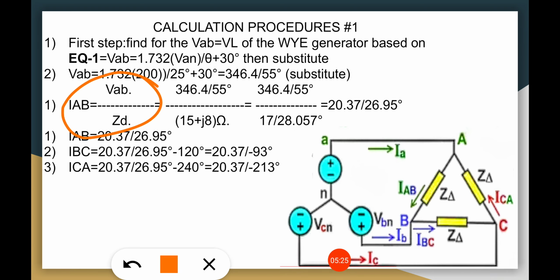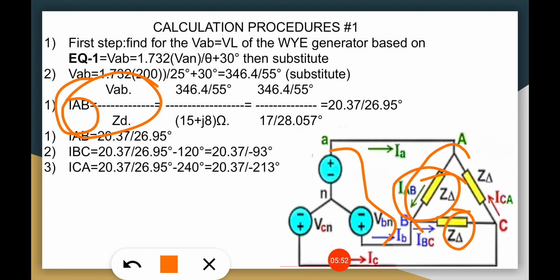So we have VAB of 346.4 at a phase angle of 55 degrees divided by the delta impedance, and that is IAB. At the same time, we can also get IAB by this VAB divided by the impedance in this delta load.